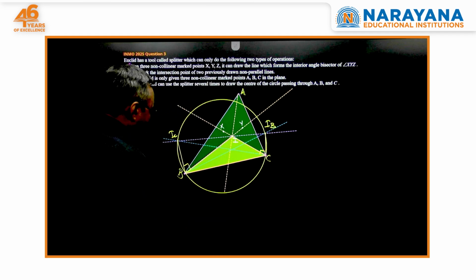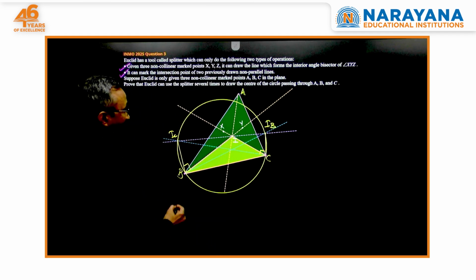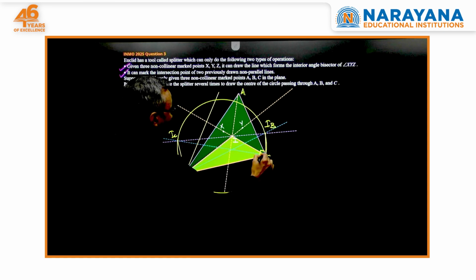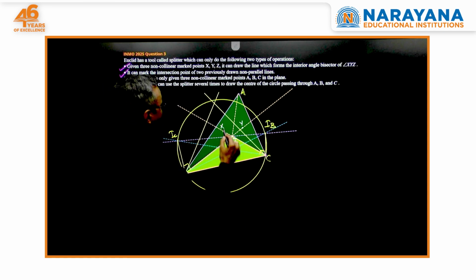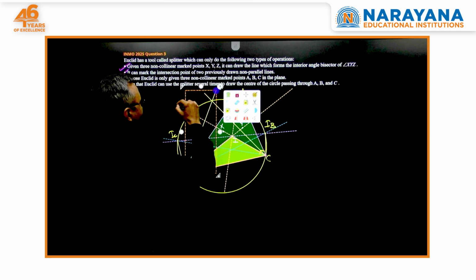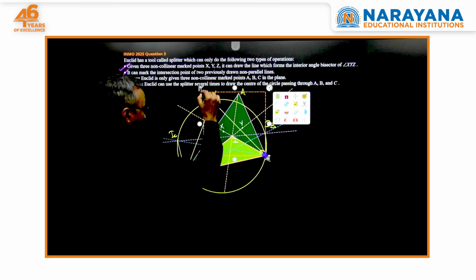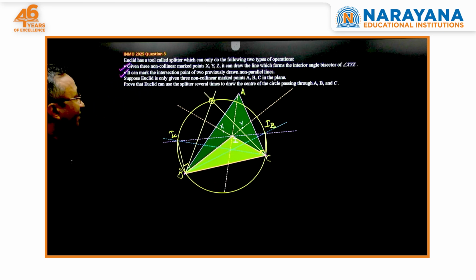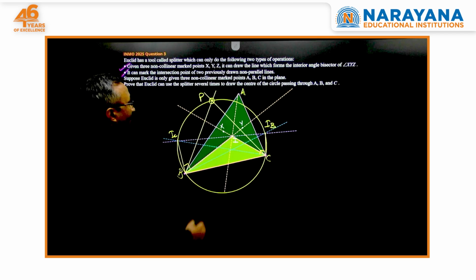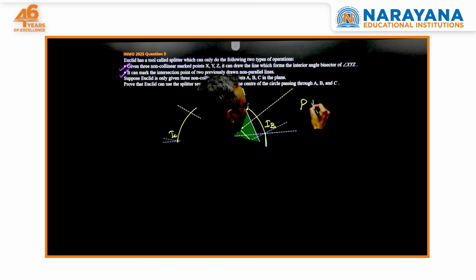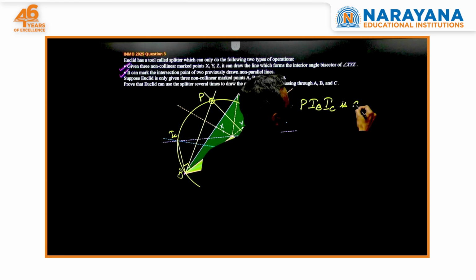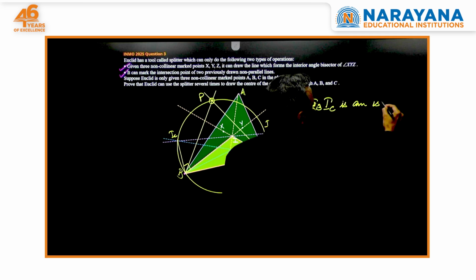Only intent is that somehow I should reach a point, but I know very well that the circumcircle of IBC is this very circle and the circle through IC, IB is this very circle. Obviously both these would intersect at the same point on the circumcircle, which has to be the midpoint of this arc, or ideally this triangle is isosceles. Let me call this point P. So we should understand that P, IB, IC is an isosceles triangle.